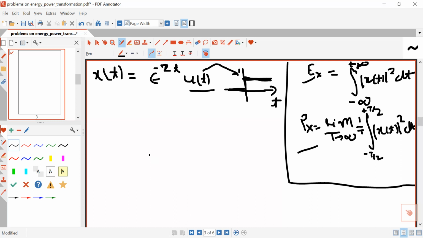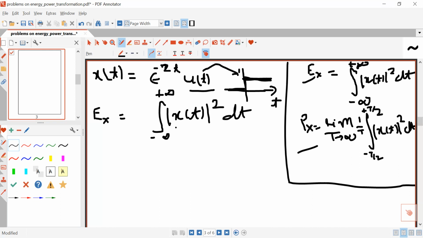So now the question is to get the energy and power of this signal and decide whether the signal is an energy signal or a power signal. How will you determine this? Energy of a signal can be obtained by using the formula E_x equal to the integral from minus infinity to plus infinity of mod of x(t) whole square dt.